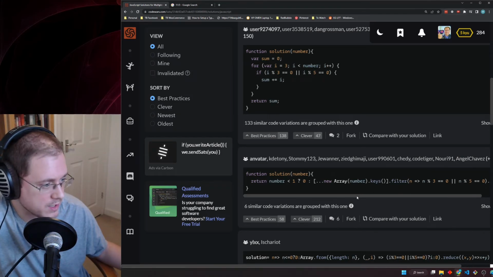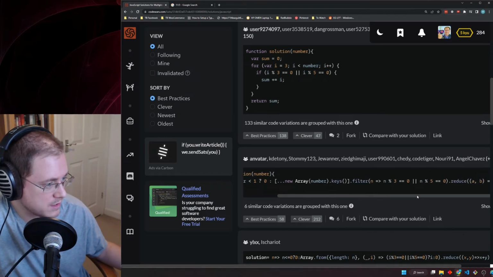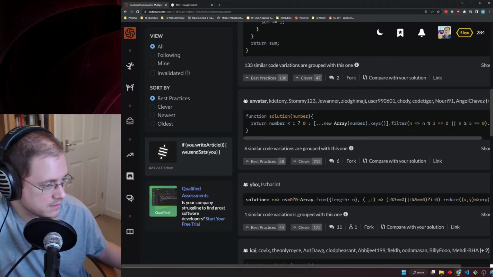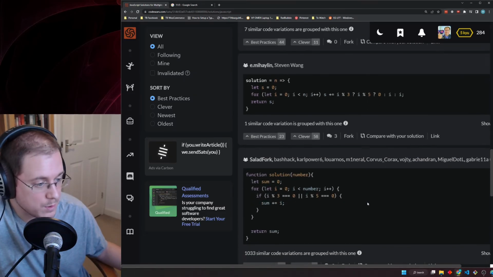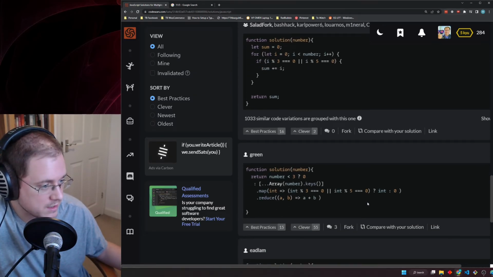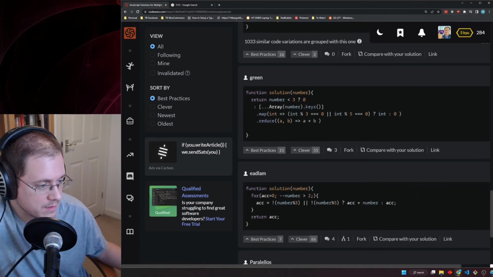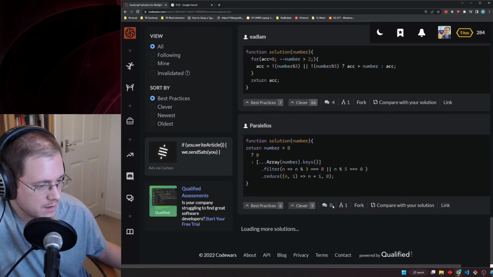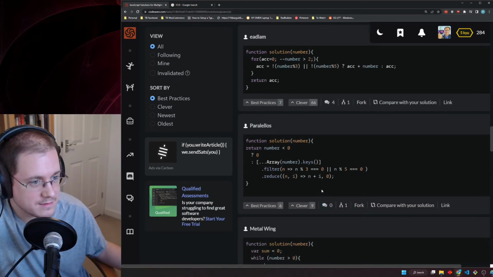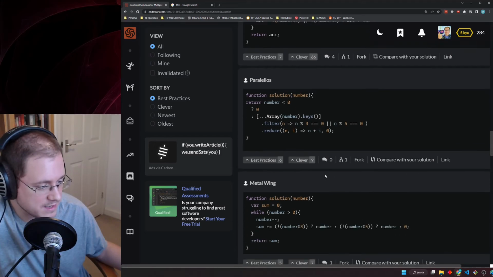Anyone else doing the triangle number solution? Wow, really not. I must admit, I'm quite surprised. Everyone's looping. Oh, well, there you go. It's quite innovative then, apparently.